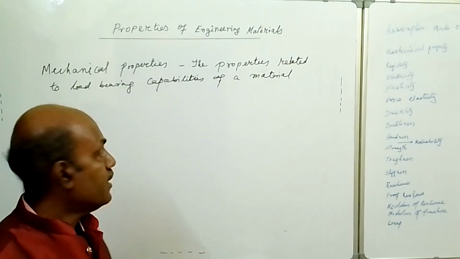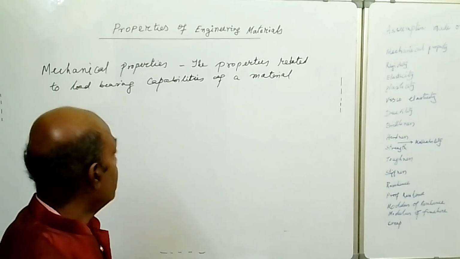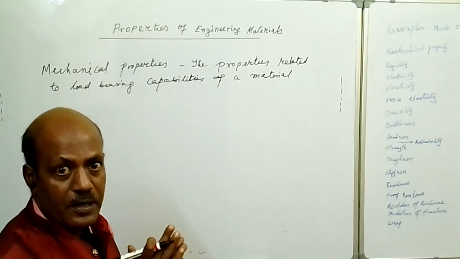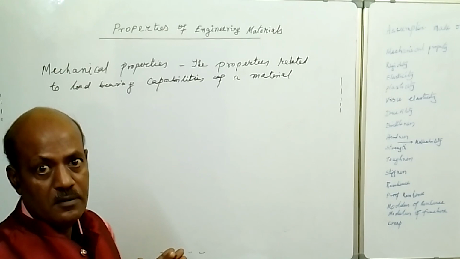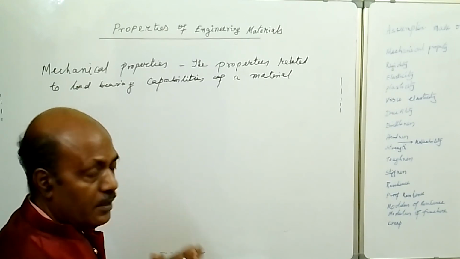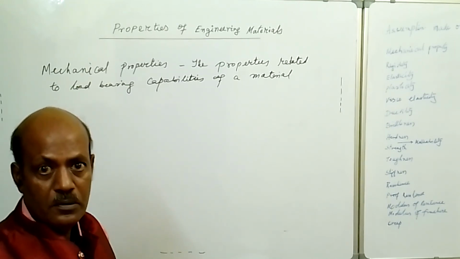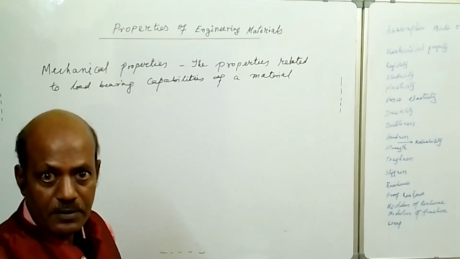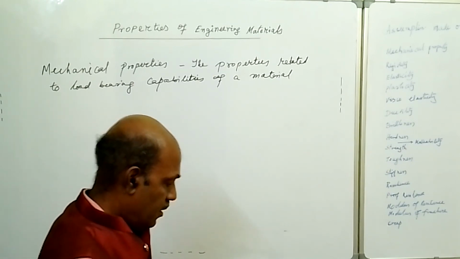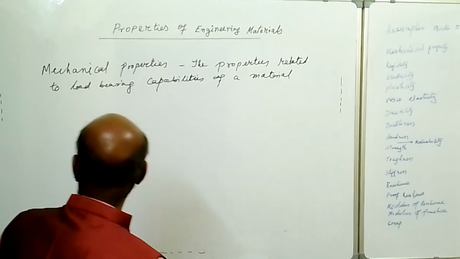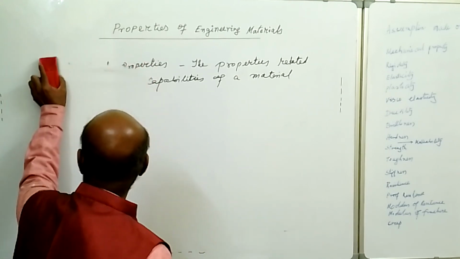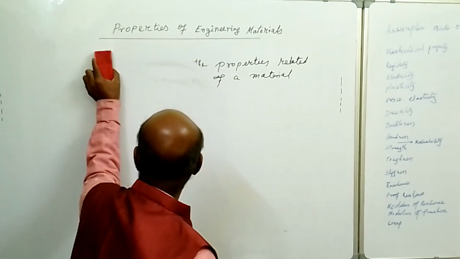That means under this heading of mechanical properties, whatever properties we will discuss, every property is related to the load bearing capabilities of the member. Now we will see the various properties one by one.